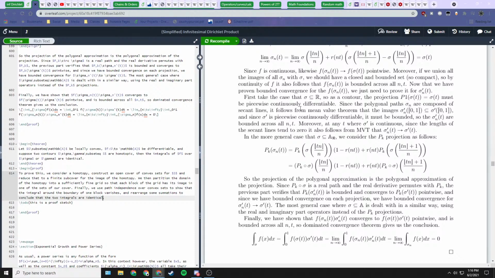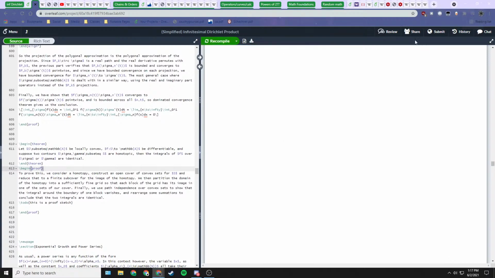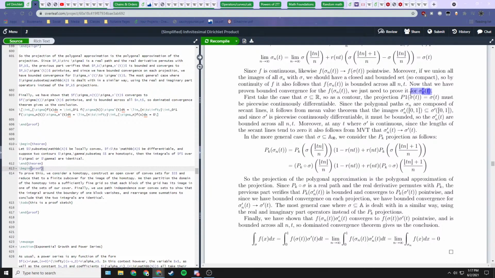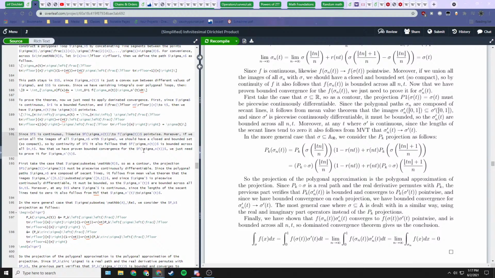So actually this paragraph here, we just sort of explicitly went through the steps of justifying that. So if, for example, our path sigma is real, if it always takes real values, this projection, that's a typo, that should be underscore subscript. This projection, p sub 1 of sigma t, well, of course, as a contour, by definition, all of the projections have to be piecewise continuous.